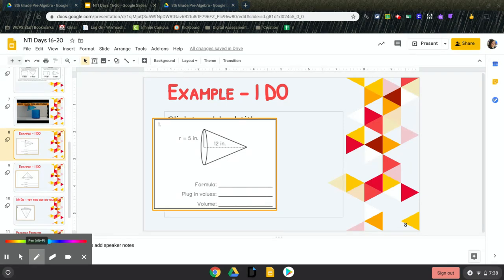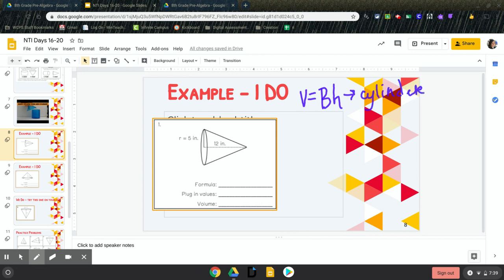So the volume of a cylinder is the area of the base times the height. That's what we mastered last week. To find the volume of a cone, we need to multiply that by 1/3 or divide it by 3. So the volume is equal to pi r squared, because that's how you find the area of the base, because the base is a circle.